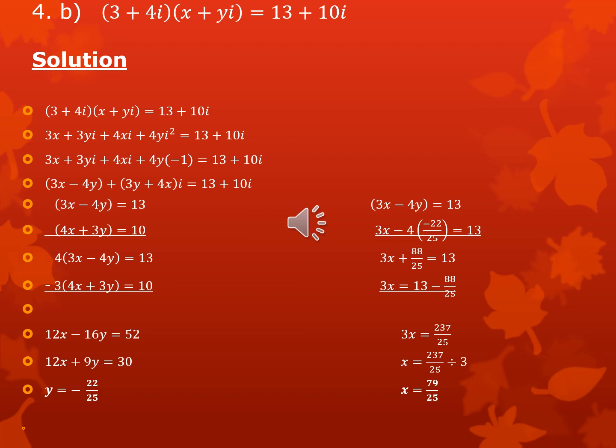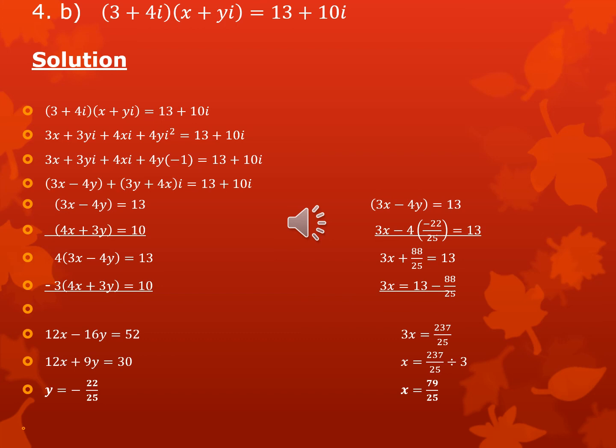So the equation is 3x minus 4 into negative 22 upon 25, and that is equal to 13. Simplifying that gives us 3x plus 88 upon 25 is equal to 13. Now to take 88 upon 25 to the right hand side, we have to subtract.